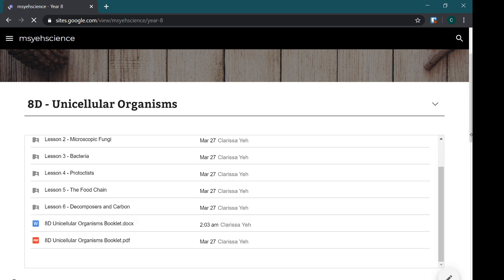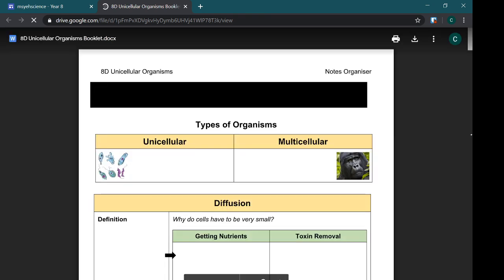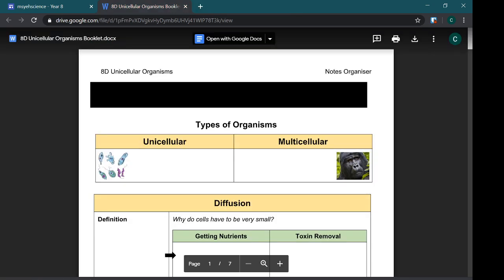Okay, the Word document has now been uploaded. So if you click on it, you get it to Google Drive, but make sure you click download instead so it opens up as a Word file. That way you can type things in. Also, when you upload things on Google Documents, sometimes, like if you'll notice, it's just a black bar up top, sometimes the formatting goes a little bit wonky.